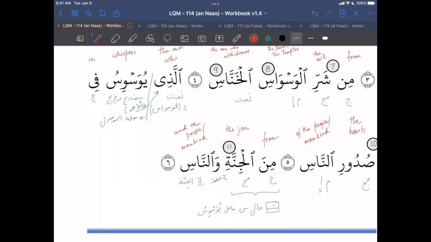But as per the analysis I found, both in Dr. Sulman Yaqut as well as in Nur Yaqeen, this is a hal, with Sahibul Hal being the fa'il in yuwaswisu. Anyway, that finishes ayah number 6. That finishes this surah, alhamdulillah.